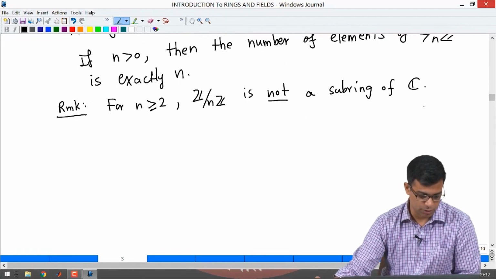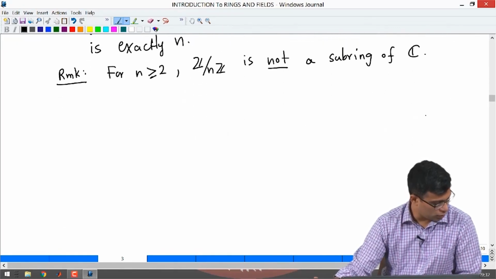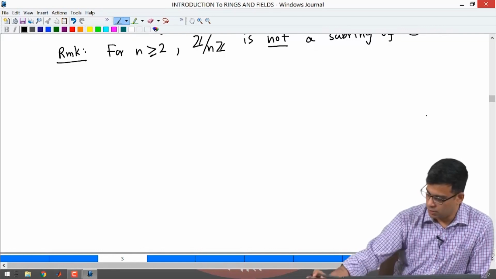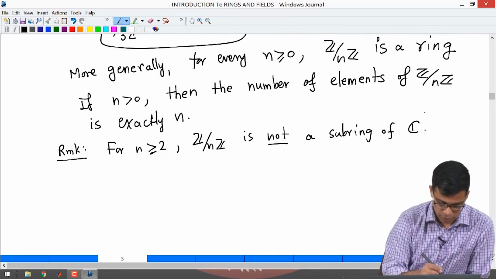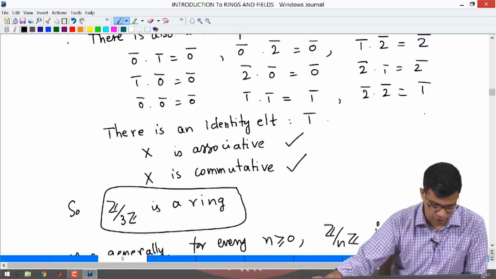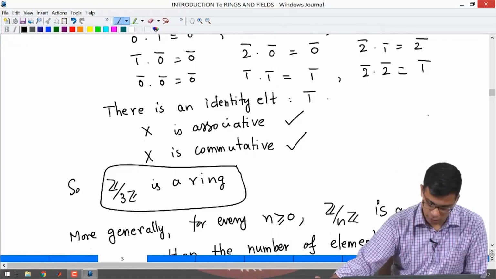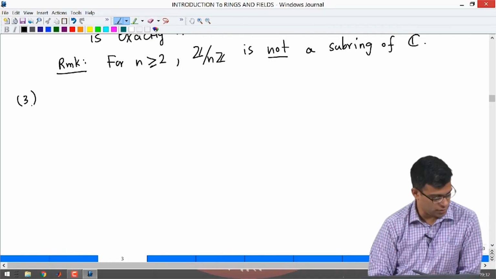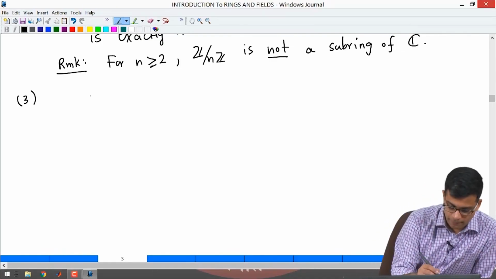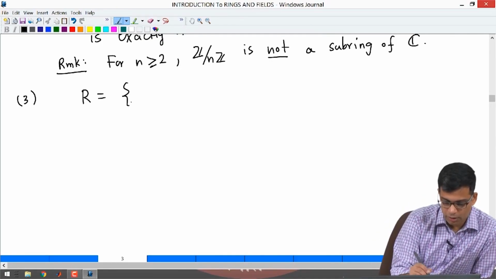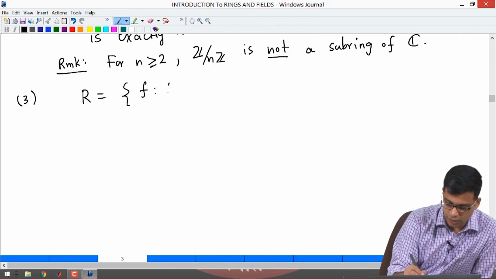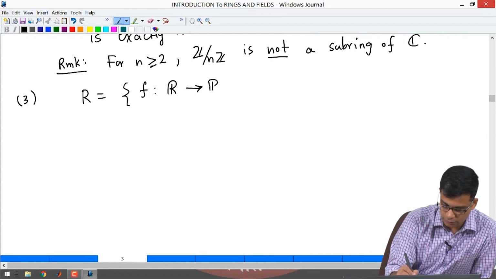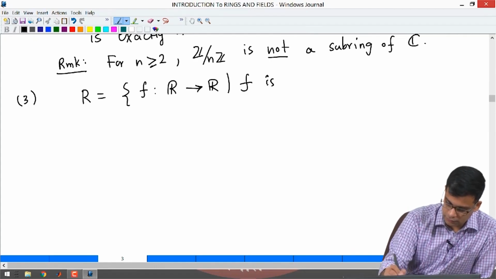Next, one more example I want to do, similarly that is not a subring of C. Let us say this is example 3. So, what is the next ring? Let us look at R to be the set of continuous functions from the real numbers to real numbers.